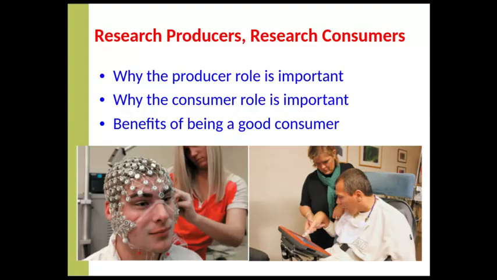The consumer role, though, is also important. What are the benefits of being a good consumer, and why is the consumer role important? Well, let's step away from the psychology lens for a second. We'll come back, I promise. And let's take a look at this.